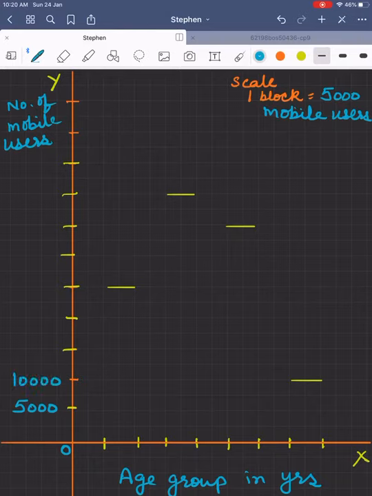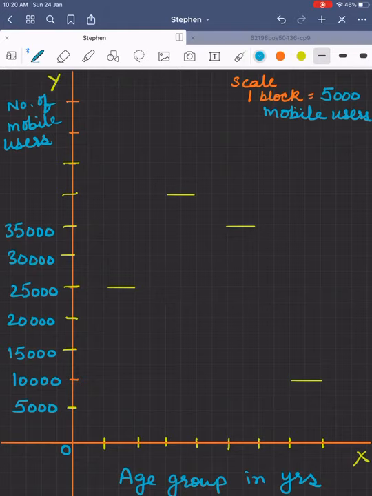Third block 15,000. Fourth block 20,000. Fifth block 25,000. Sixth block 30,000. Seventh block 35,000. Eighth block 40,000. Ninth block 45,000, and so on.